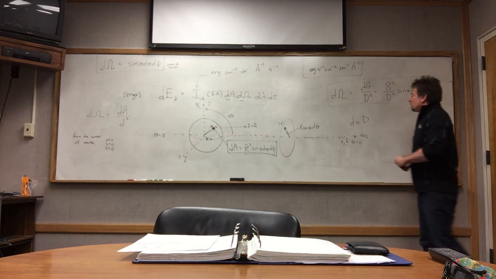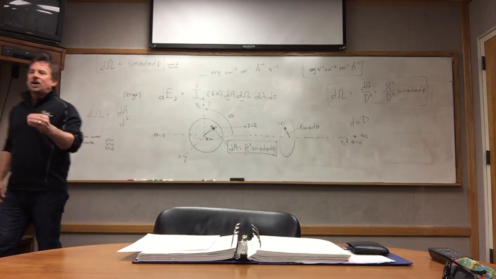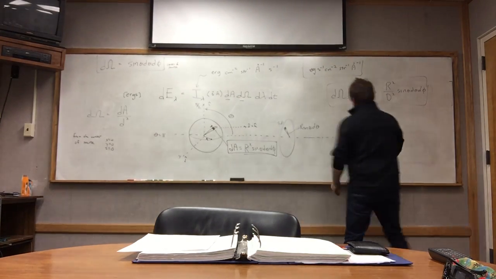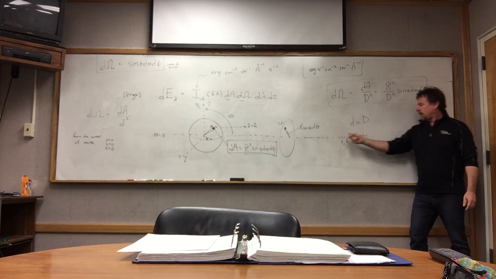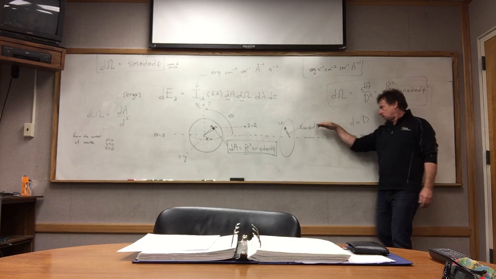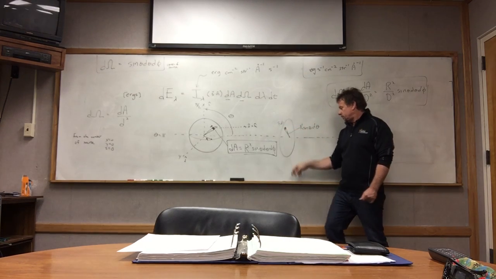Okay? So what have I just told you? What is that? That solid angle is what you see as an observer. You are here out at some distance D. You're looking back at the star. You're seeing this little solid angle.